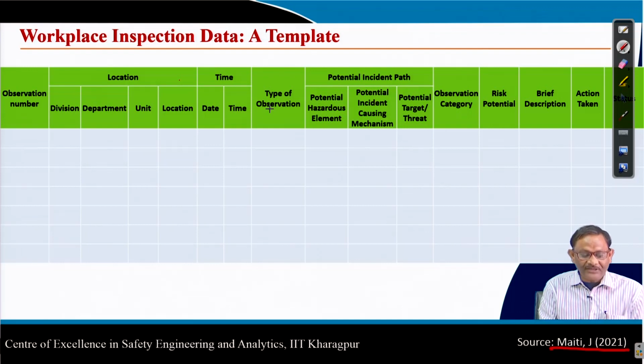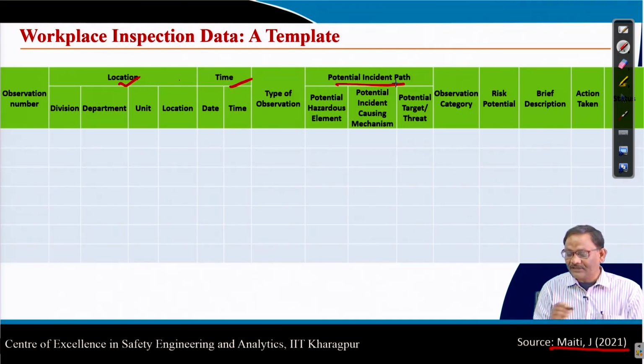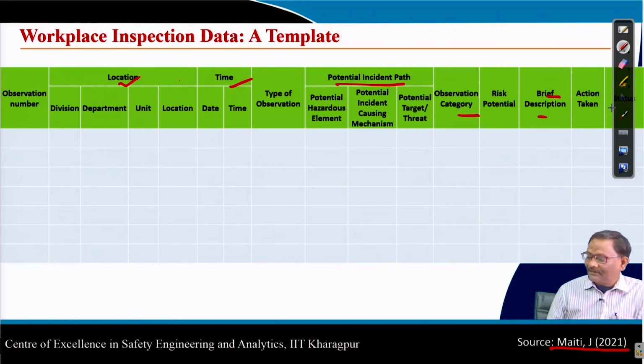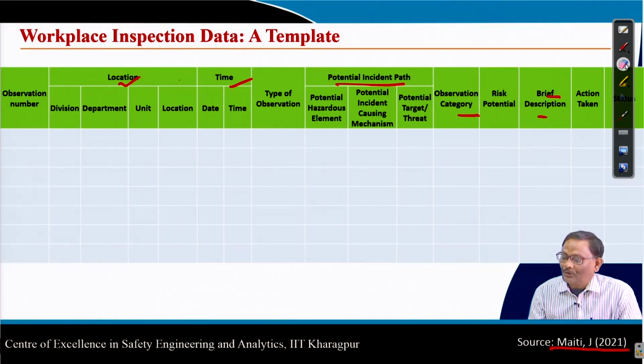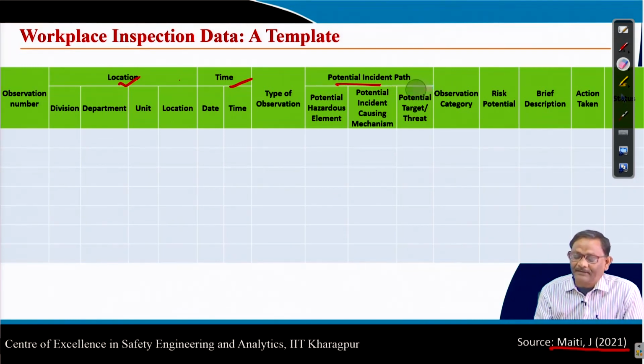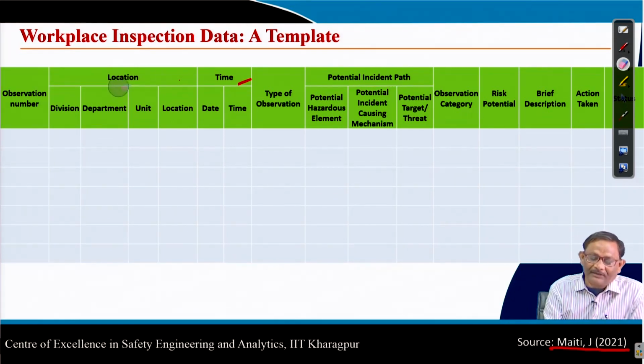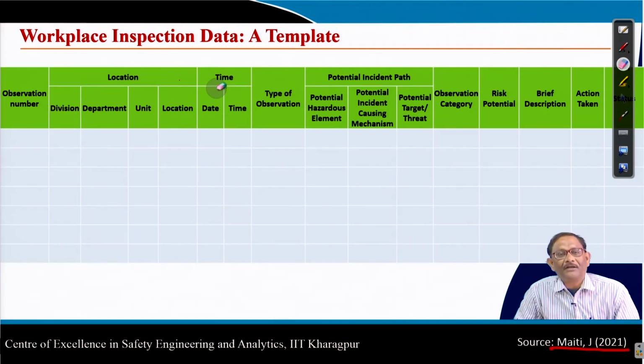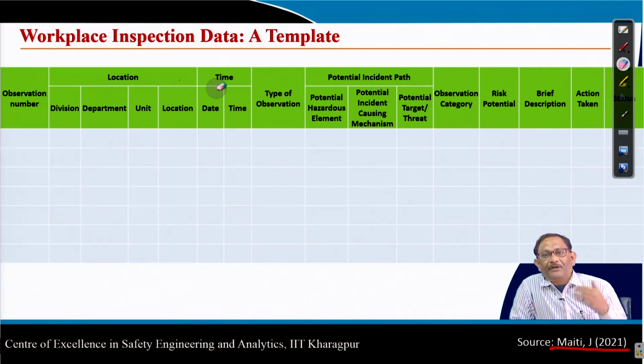Obviously location, time, potential incident path, risk potential, observation category, brief description, action taken, all those things are there. It is very difficult to include all the important variables, because every time all of them are not available at that particular situation.